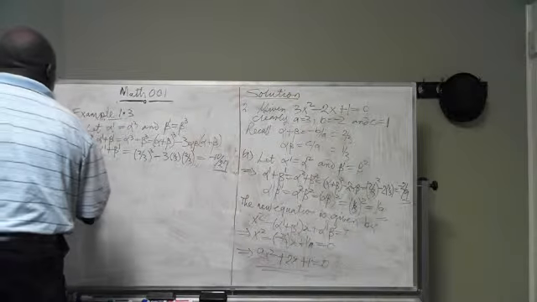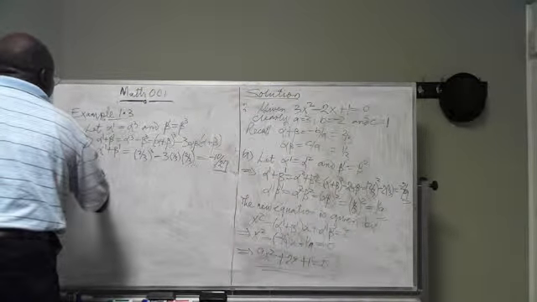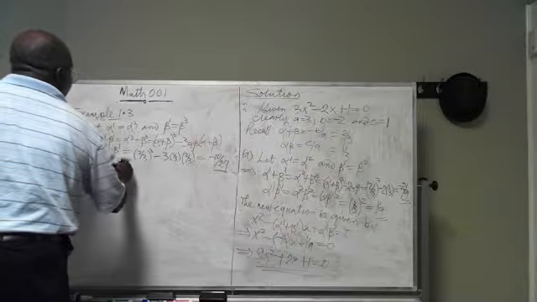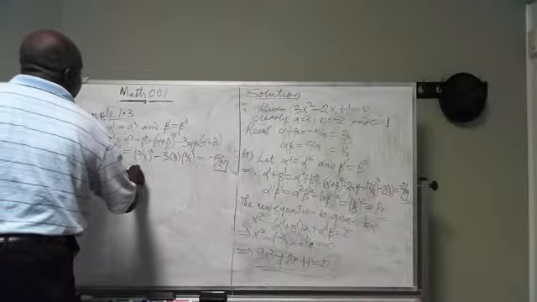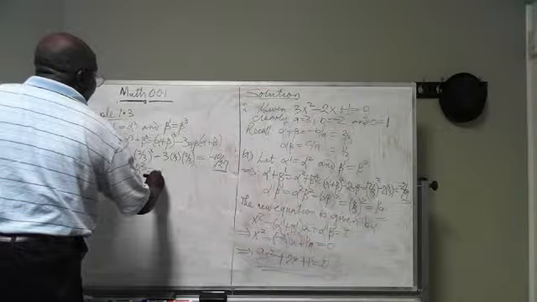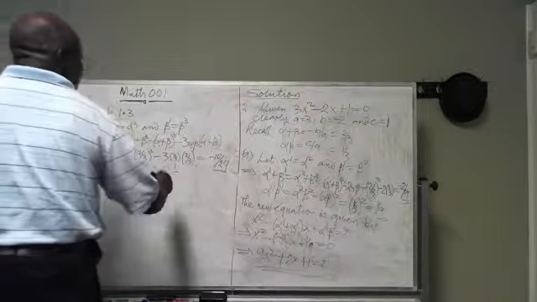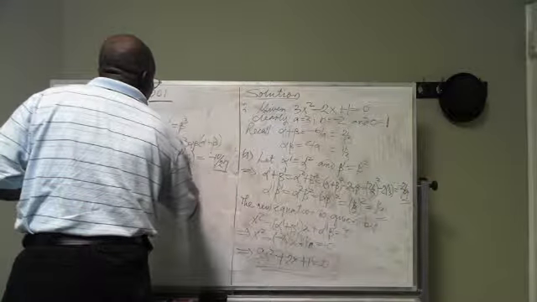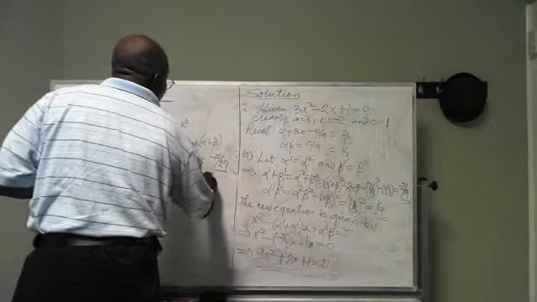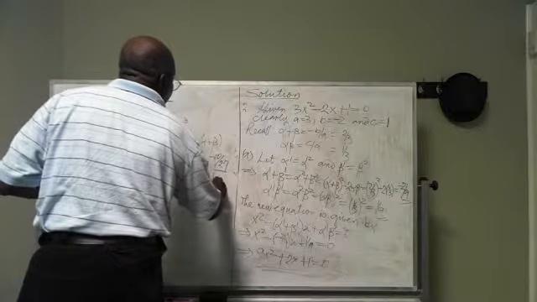And alpha prime beta prime will be equal to alpha cubed times beta cubed, which is equal to alpha beta all cubed, which is equal to 1 over 3 cubed, which is equal to 1 over 27.